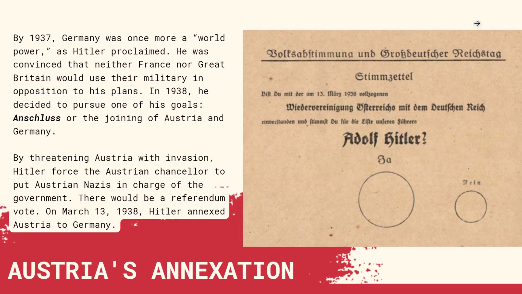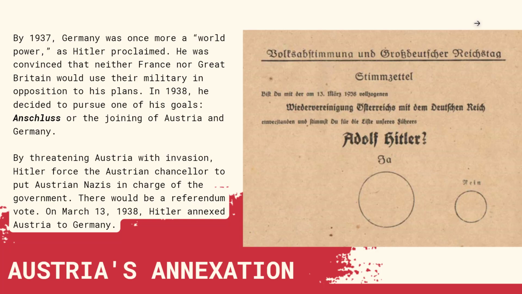While all of that is happening, Hitler sees Germany as a great world power, and of course he wants more land. He's convinced that neither France nor Great Britain is going to interfere with these plans. So he decides to pursue one of his other goals, which is annexing or joining Austria with Germany.